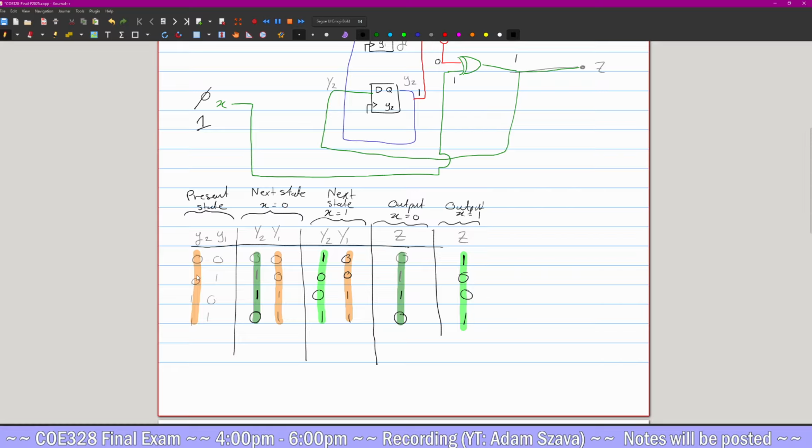If I'm in state 1 and my input is 0, then I'll go to state 2, and so on and so forth. Why? That's just whoever designed the circuit, who decided why. And we see that our output does in fact depend on the input. So this is a Mealy machine for sure. We knew that already, but it's evidenced here.